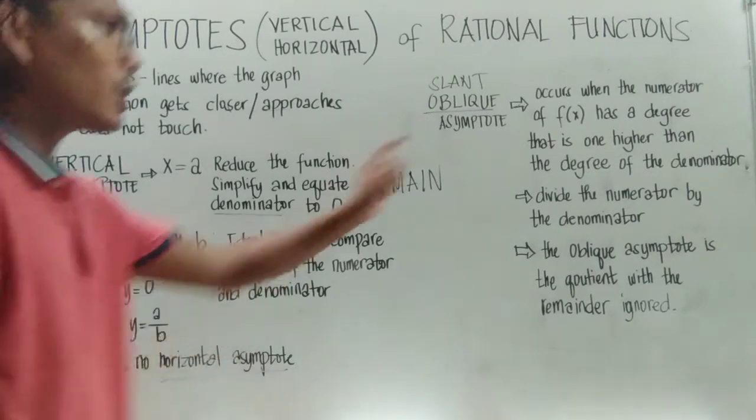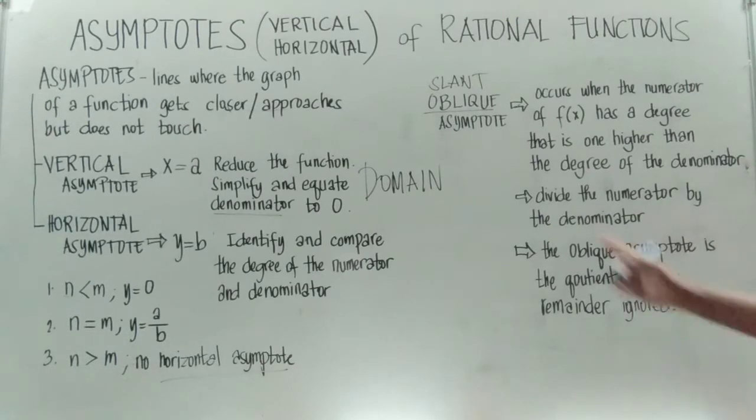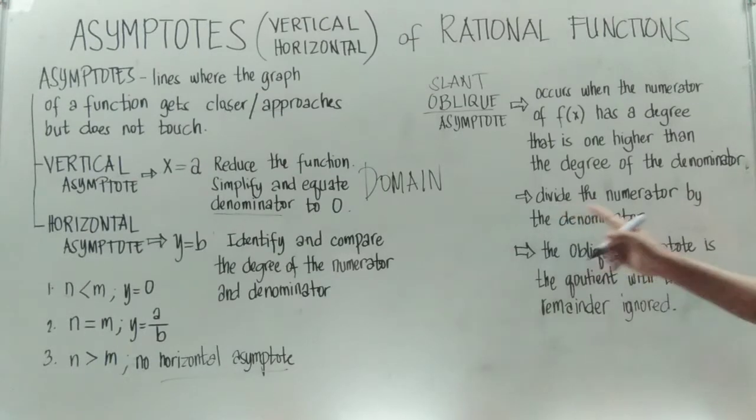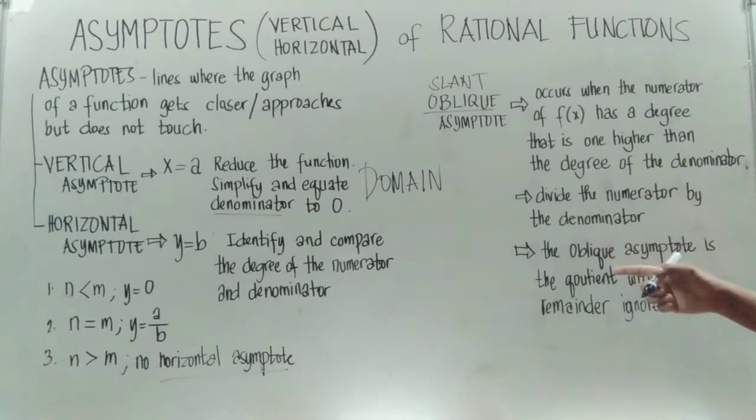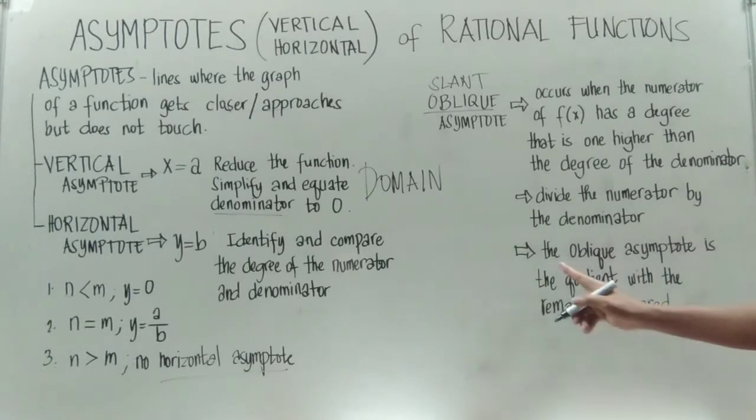Going to the slant or oblique asymptote, it only occurs when the numerator of f of x has a degree that is 1 higher than the degree of the denominator. To solve it, we divide the numerator by the denominator using synthetic division or the long method of division.